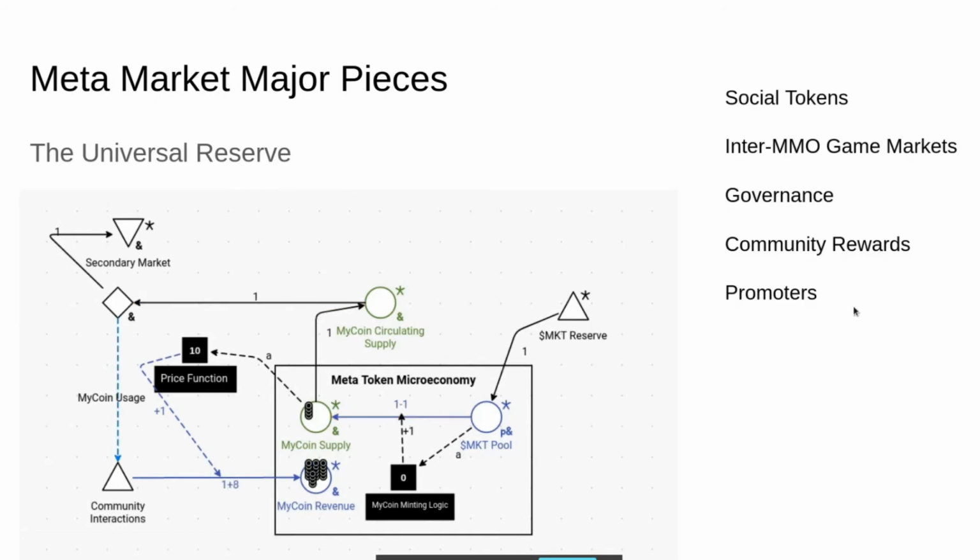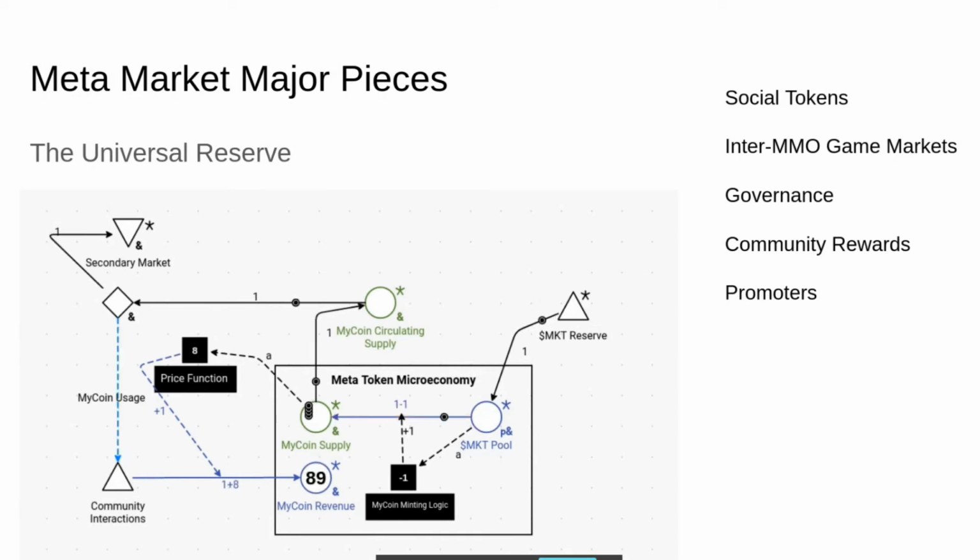The use cases for this include social tokens, for example. Those are becoming popular. Markets that exist across various games, even if those games are developed by different organizations. It could be used to infuse governance capabilities at the content level. So one example I use a lot is a magazine, which may have editors. It may allow people to submit personal opinion pieces, and the governance could be used here.